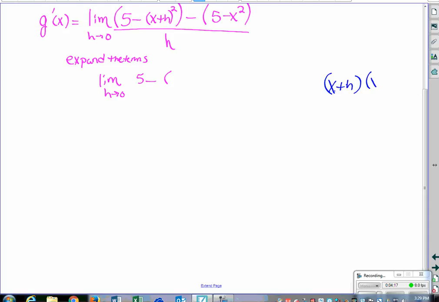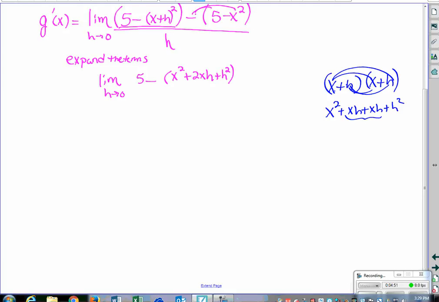If you don't know how to square it, we can use the principle that something squared is multiplying by itself. Foiling this, I get x squared plus outers is an xh, inners is an xh. Last times last is an h squared. Pick up 2 in the middle. So this goes to x squared plus 2xh plus h squared. And that is the very first stuff. Finally, let's distribute that negative, and we'll have negative 5 plus x squared divided by h.